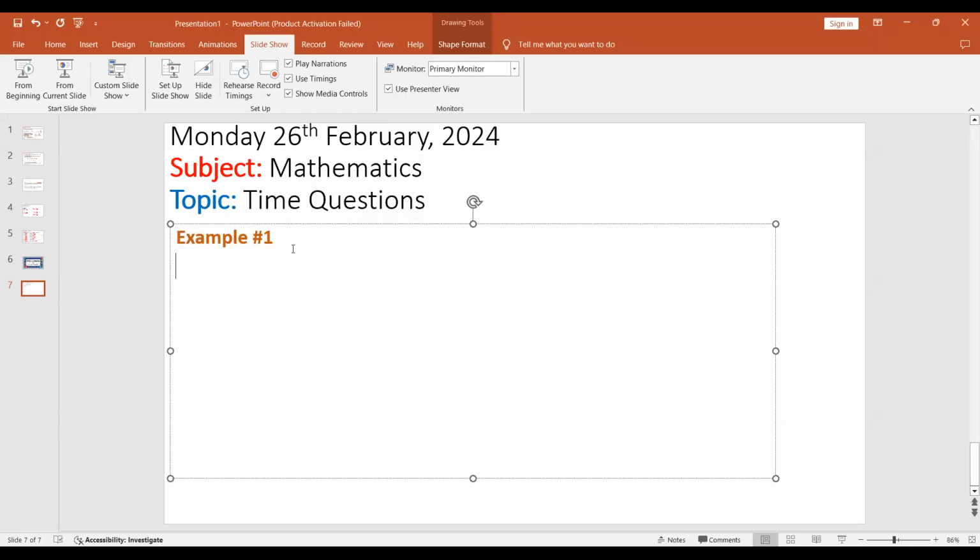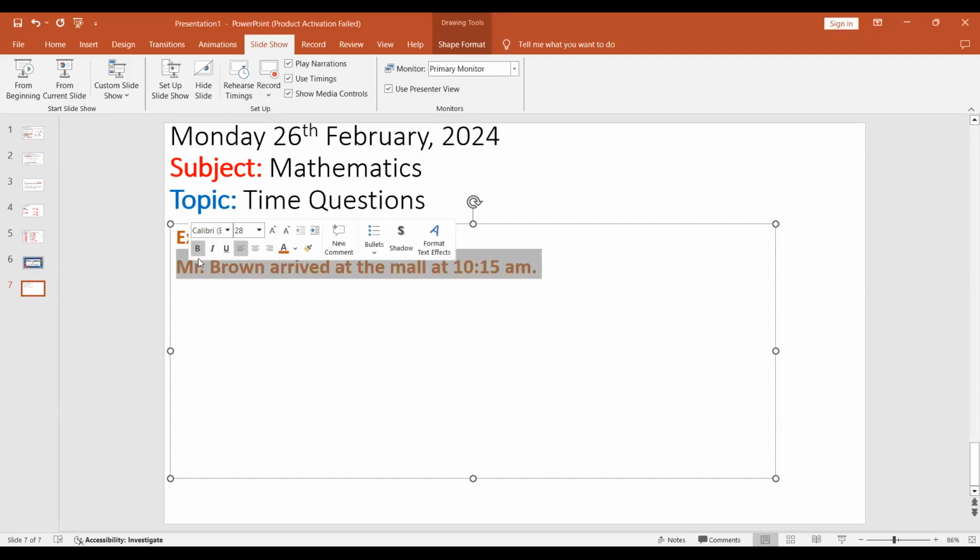It says that Mr. Brown arrived at the mall at 10:15 a.m. So question, what time did Mr. Brown arrive at the mall? 10:15. Very good, 10:15 a.m.